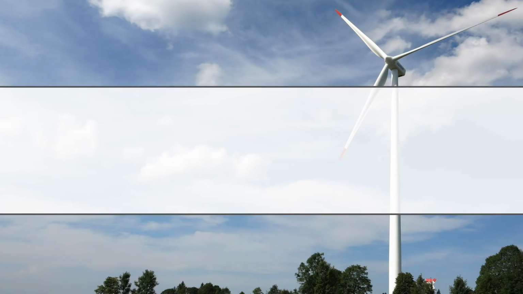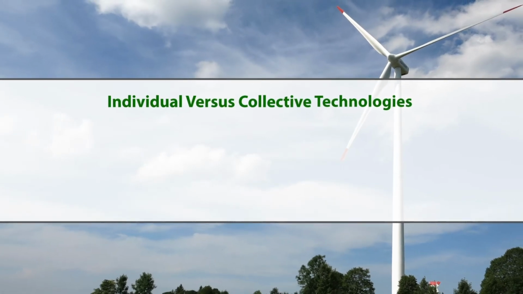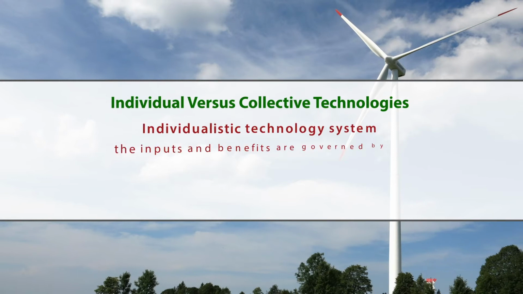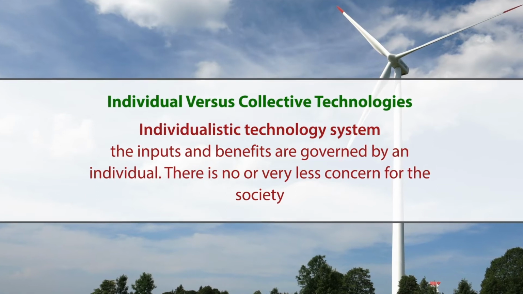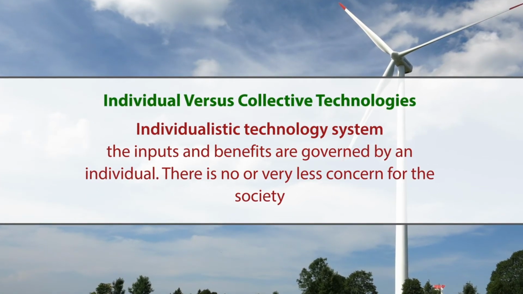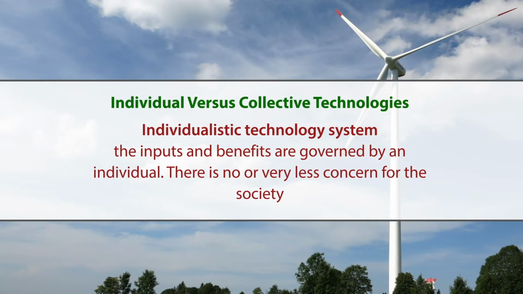Next, we have a category of technologies which we can distinguish as individual versus collective technologies. What is this type of technology? Individualistic technology system. Here, the inputs and the benefits are governed by an individual, and there is no concern or very less concern for the society.